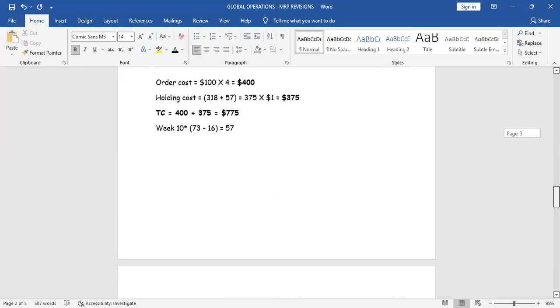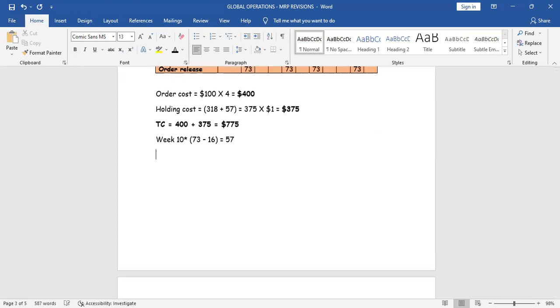Let me record it. Comparison. Lot to lot, $700.